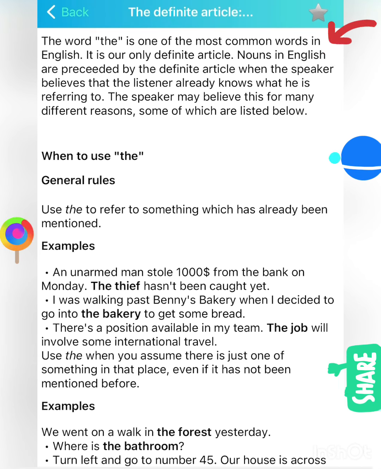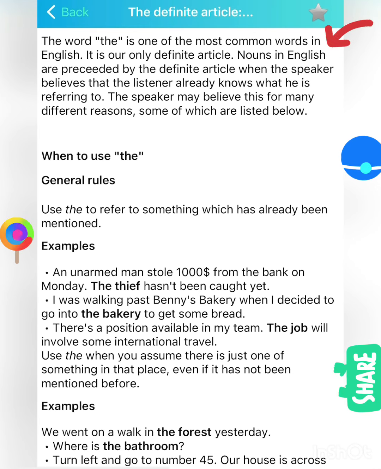The general rule of thumb that defines what "the" implies when it is used in a sentence is that the speaker assumes that the listener on the other end, the recipient of the information, is already aware of what is being referred to.